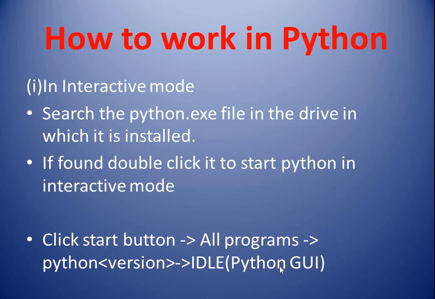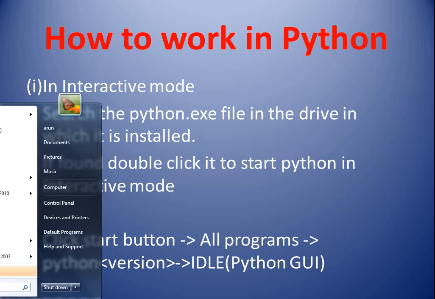Now, first of all, we will learn how to work in Python. As you know, it works in two modes. First is interactive mode and another one is script mode. How does it work in the interactive mode? When we open Python, it by default opens in the interactive mode, like this.